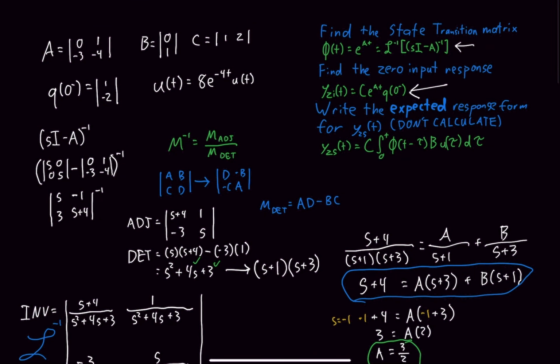Third part says, write the expected response form for y zero state of t. It says don't calculate it. So I'm just going to write out this formula.